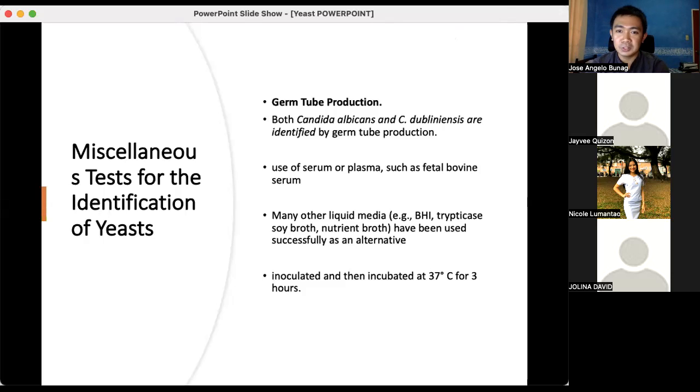This is also considered the most common and easiest test to perform for the identification of yeast. With germ tube, we could presumptively identify two yeast species, Candida albicans and Candida dubliniensis.